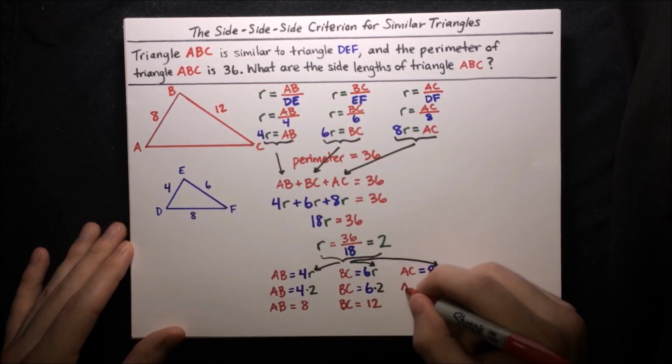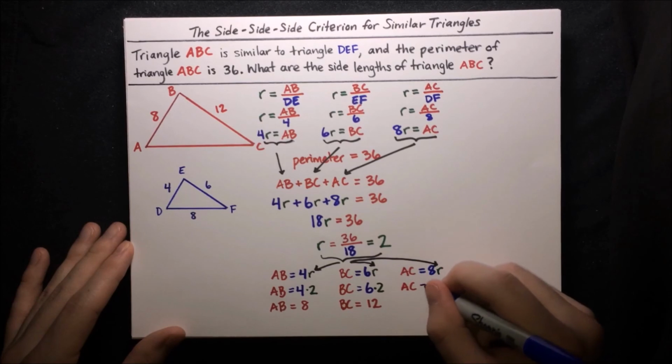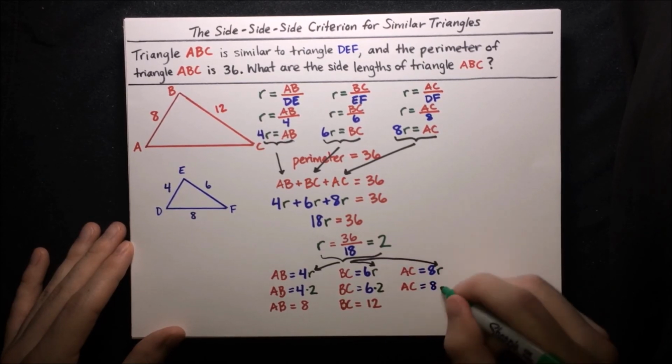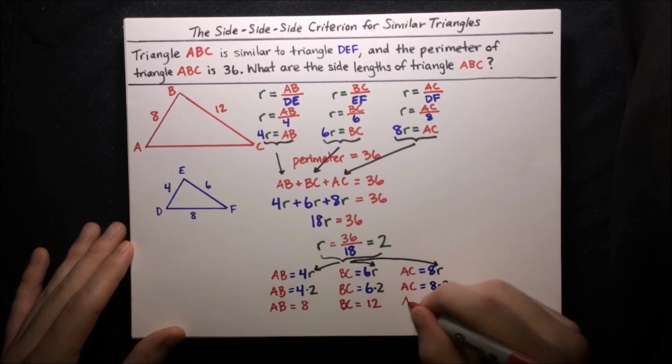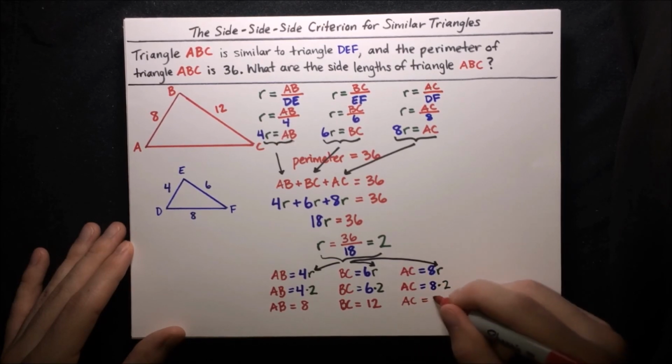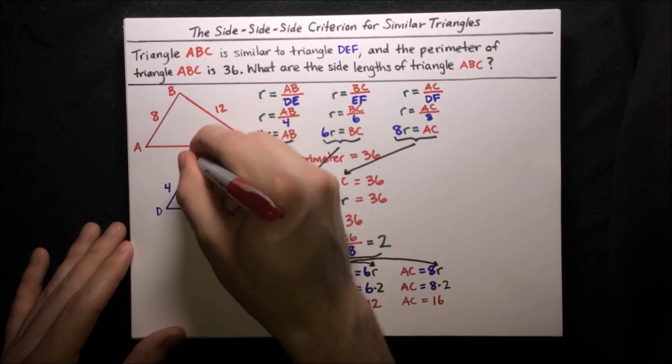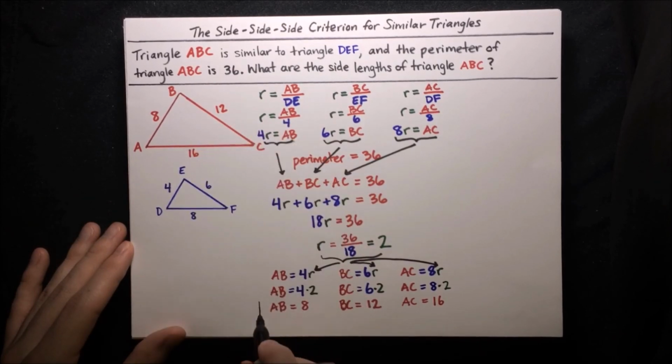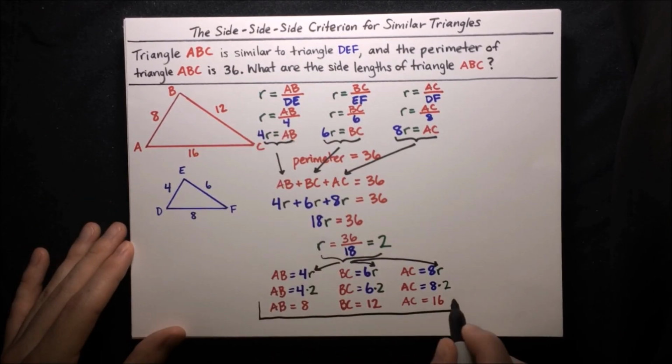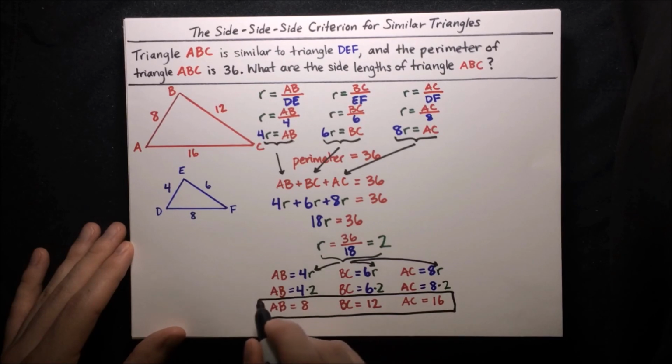And lastly, AC is equal to 8r, so 8 times 2, which means that AC is equal to 16. And there we go. Here are the side lengths of triangle ABC.